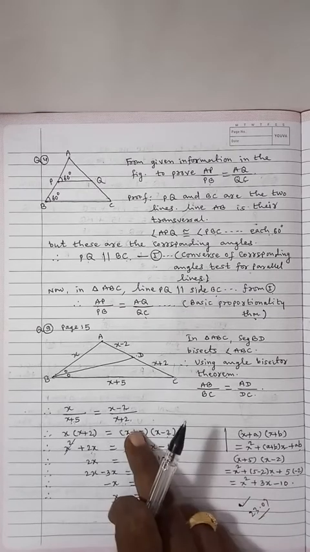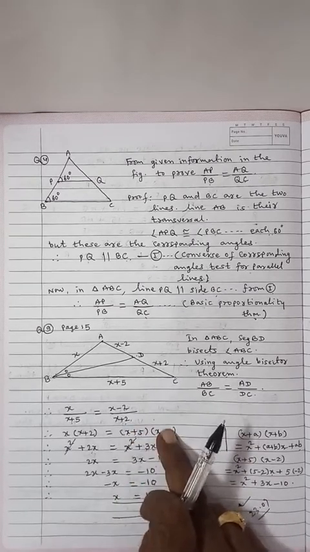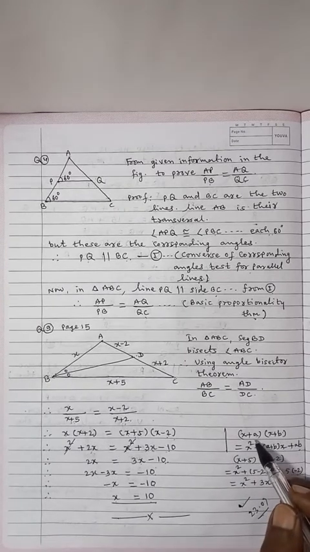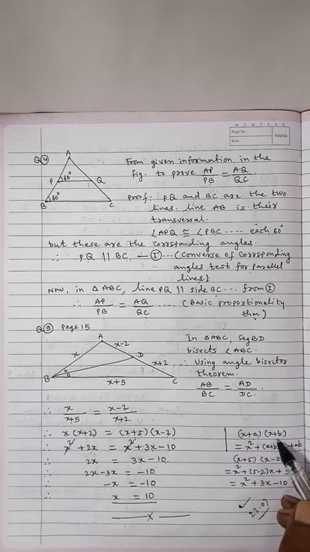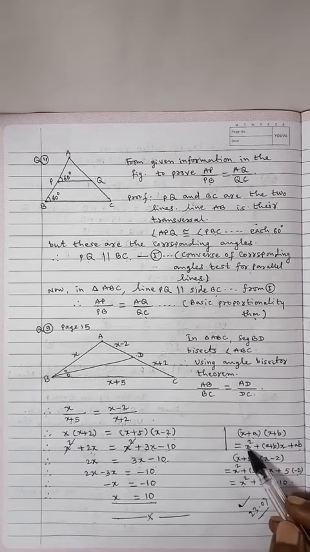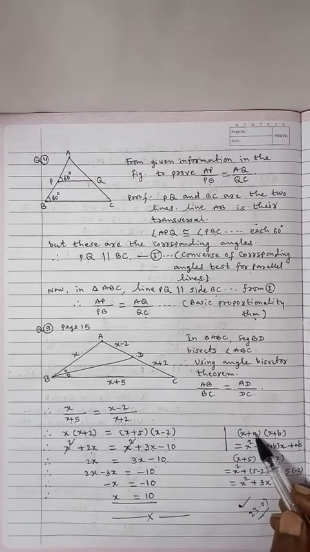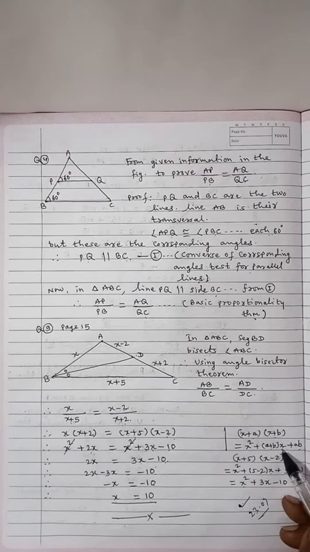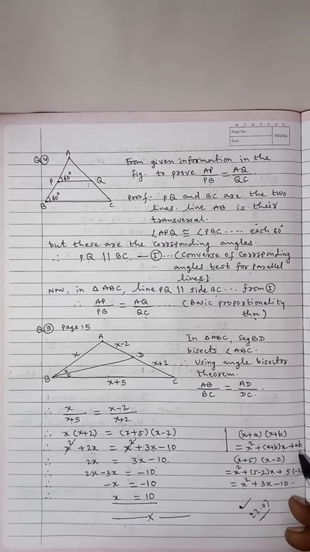See here, to multiply these two brackets, this formula from standard 8th is used. x plus a into bracket x plus b is x square plus a plus b into x plus ab.